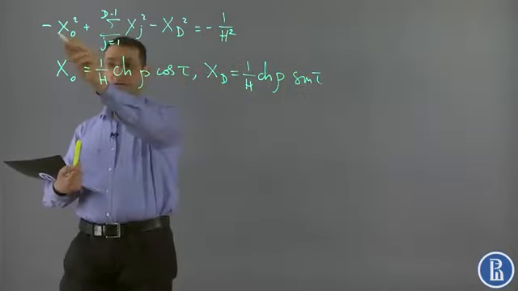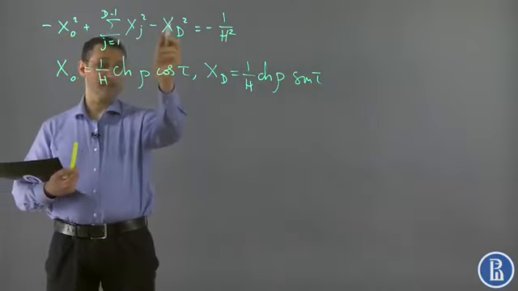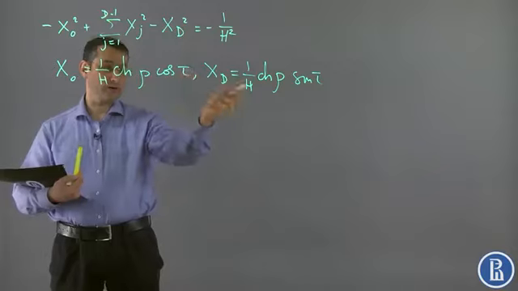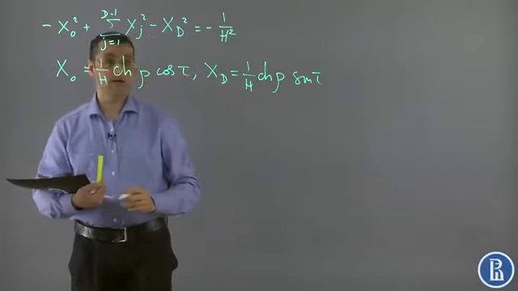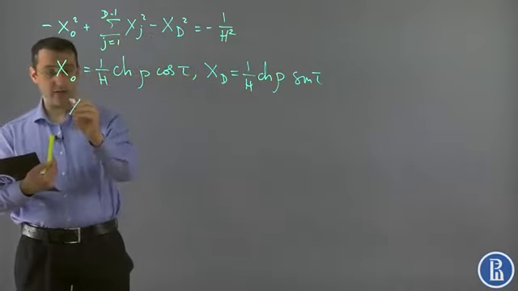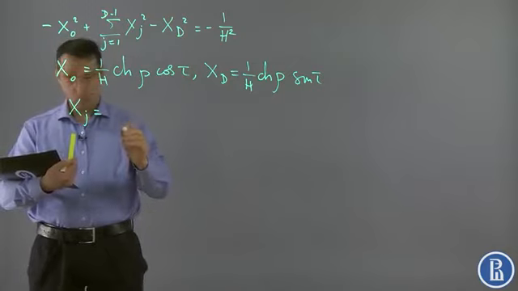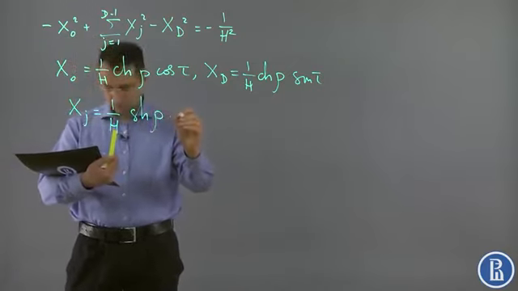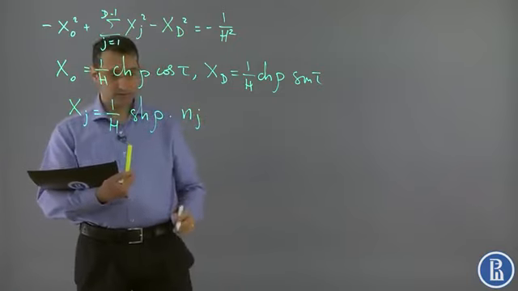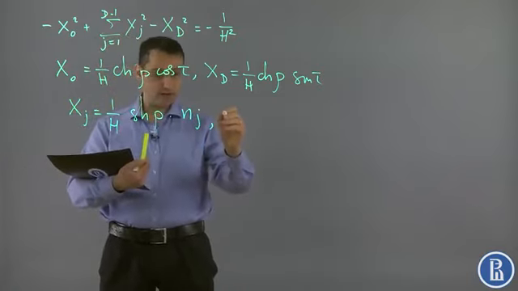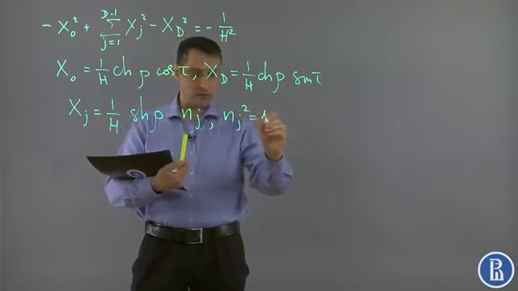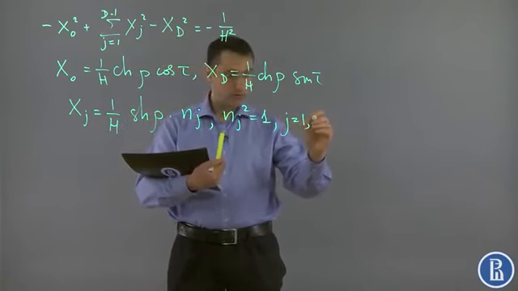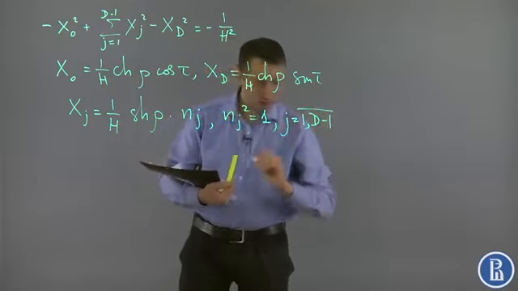So basically this plus this gives us 1 over h hyperbolic cosine of rho squared, and x_j equals 1 over h hyperbolic sine of rho times n_j, where n_j squared is equal to 1, and j ranges from 1 to d minus 1.